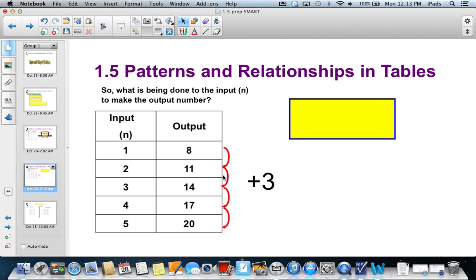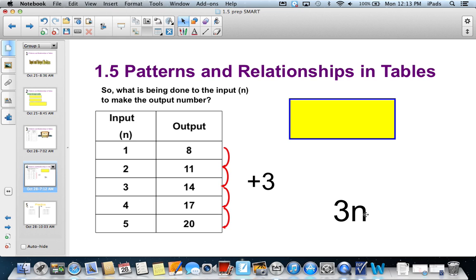Whatever your jump is here automatically becomes what you're multiplying your input by. So if I'm going up by 3s, the beginning of my expression is 3n automatically. And then from there, you have to add or subtract to make up the rest of your expression.